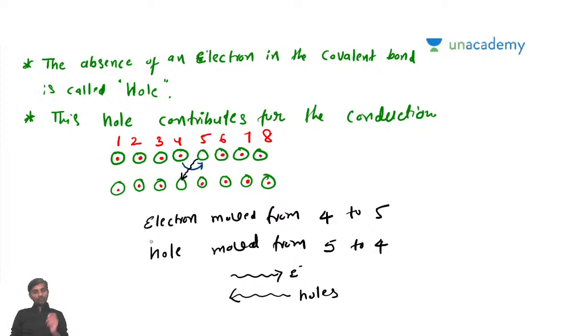The direction of flow of holes is exactly opposite to the flow of electrons. This is a very important point to remember.